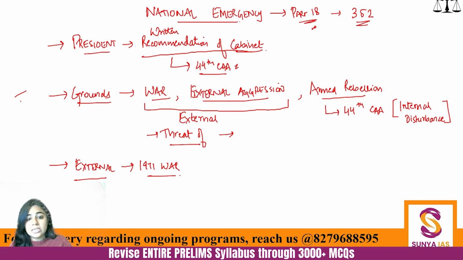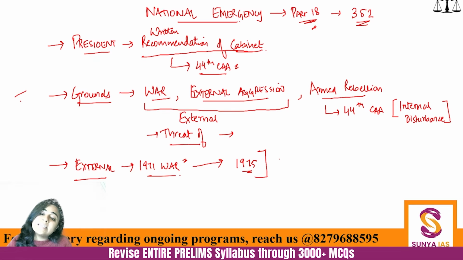The second emergency happened in India when Indira Gandhi announced an internal emergency in 1975, while the external emergency was already running. This was introduced by the 38th constitutional amendment.